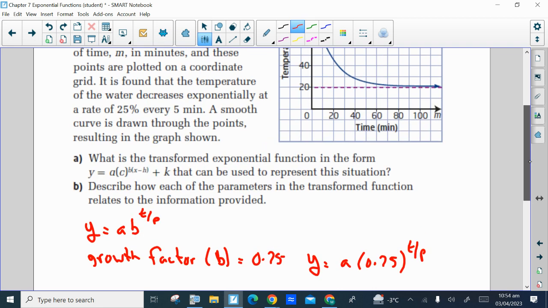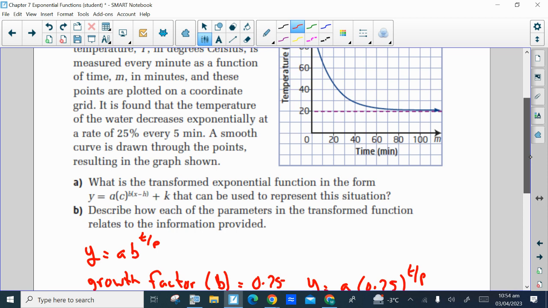Now we also know the graph tells us that the line y equals 20 is a horizontal asymptote. That is the temperature in the room. So the water will never get below that, and technically it'll never reach that either, because every 5 minutes the temperature is 75% of what it was the previous 5 minutes. And 75% of something will always be something.